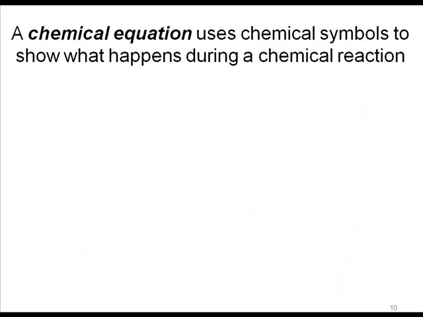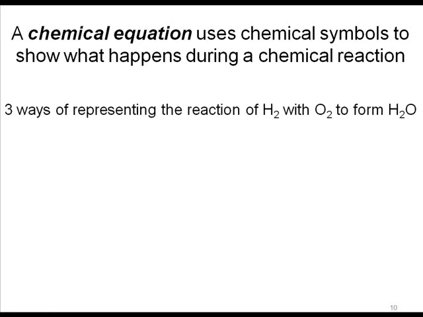So, if we have a successful chemical reaction, there are formats we follow that indicate what that chemical reaction looks like. There are three ways that we can show the hydrogen gas and the oxygen gas forming water, which was the reaction we saw previously.